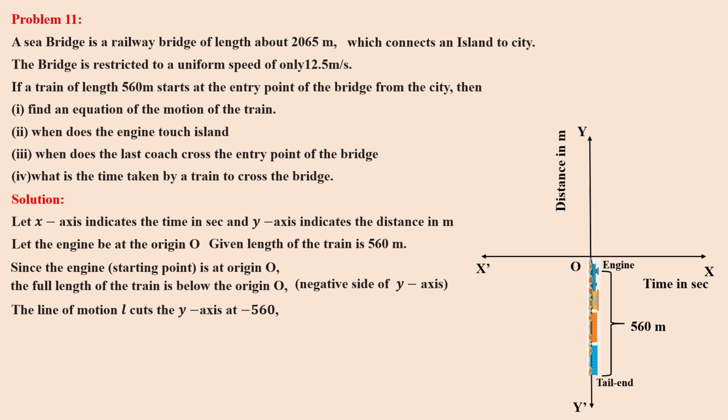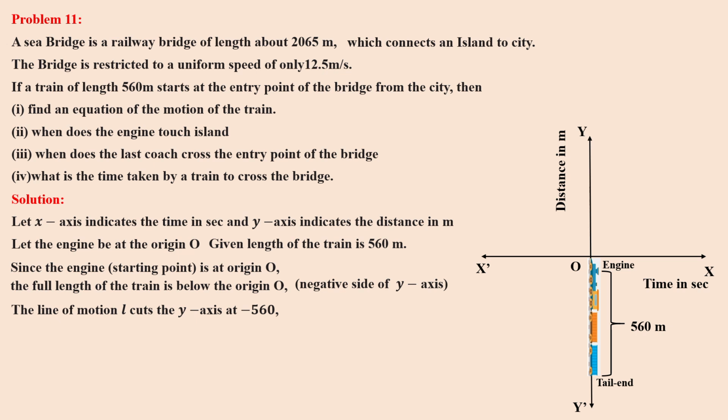So the line starts not from the starting point of the train, right? From the tail end you have to calculate, right? Because total length is 560 meters, so we have to consider the tail end.